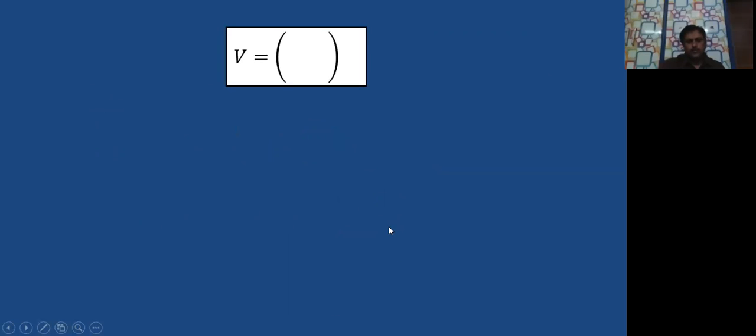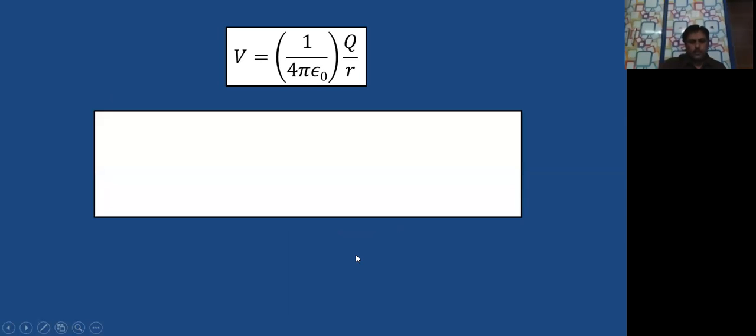Now again let us see. V is equal to, what is the value of 1 by 4 pi epsilon 0? 9 into 10 to power of 9, into Q value 10 into 10 power minus 6, by R value 10 power minus 1.